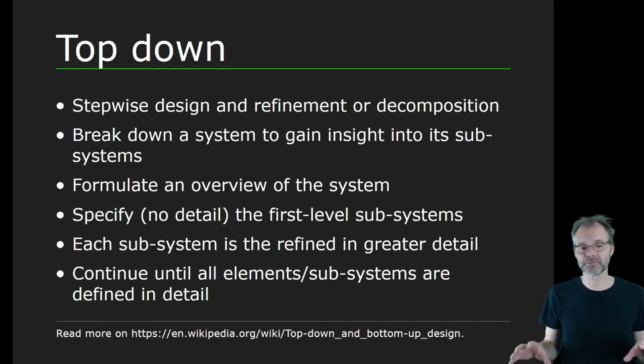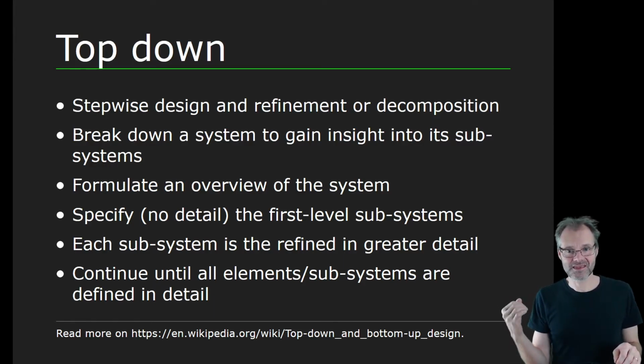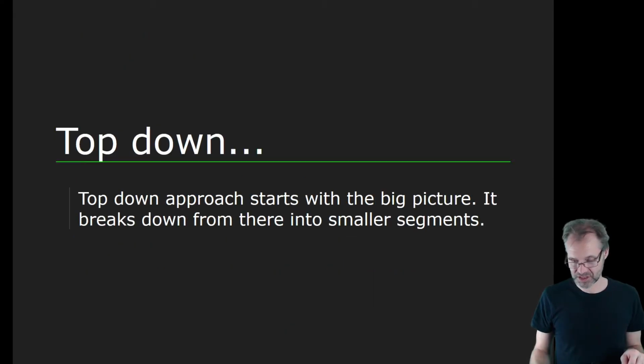And when we are at the bottom level, we have all the subsystems refined in greater detail. And when we are there, then we can start building this system. So the top-down approach starts with the big picture, and then it breaks down from there into smaller segments until all the small segments are there and described.